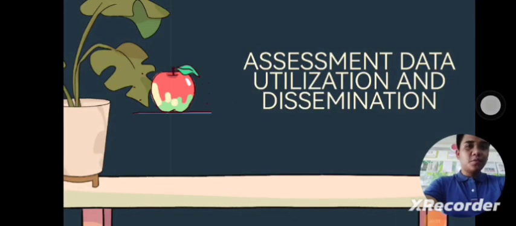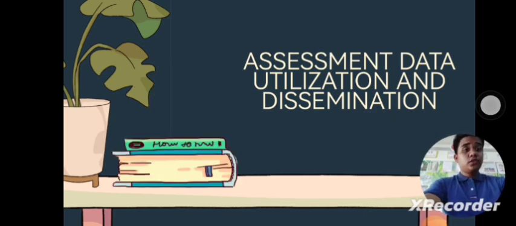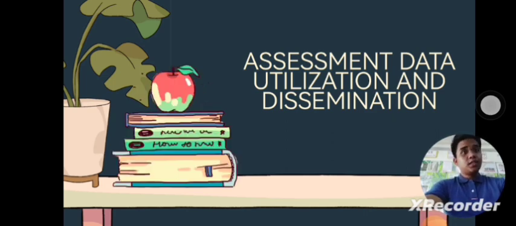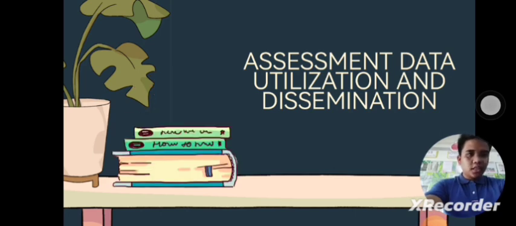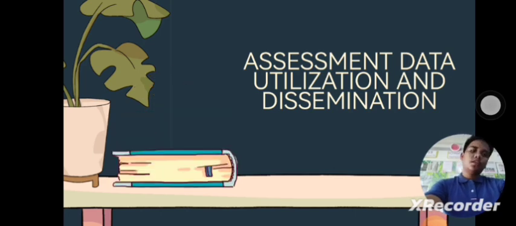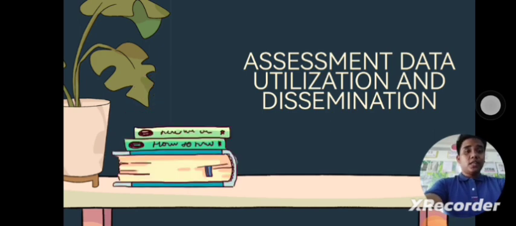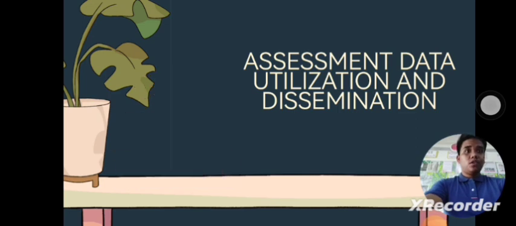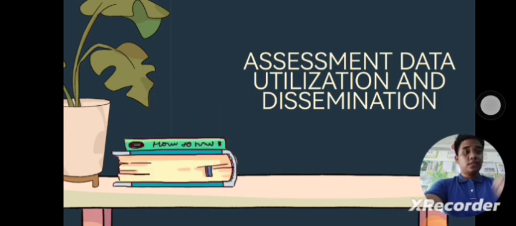Okay, hello again, everyone. Let's proceed now to the second subtopic of our report, entitled Assessment Data Utilization and Dissemination. I gathered information from DepEd Order number 55, series of 2016.